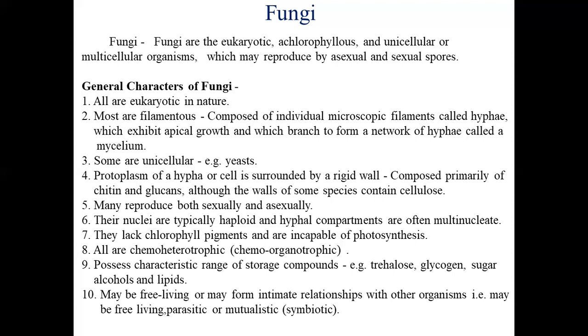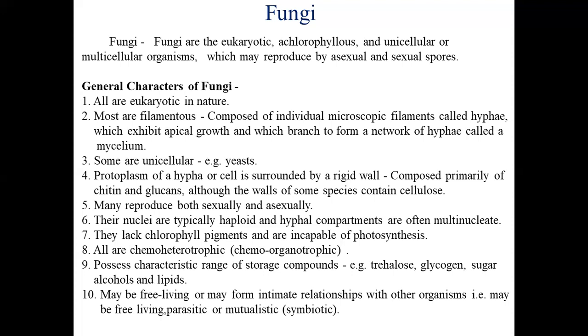So that's why it is known to be chemoheterotrophic or chemoorganotrophic. Heterotrophic means it depends on others, in the form of certain chemicals required for the development of the fungus in the soil, in the vicinity nearby to the plant. Chemoorganotrophic means it depends on the organic matter in the form of certain chemicals. So it depends on its nature of requirements of the food.